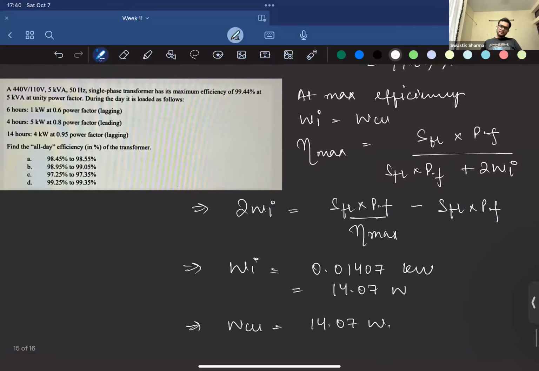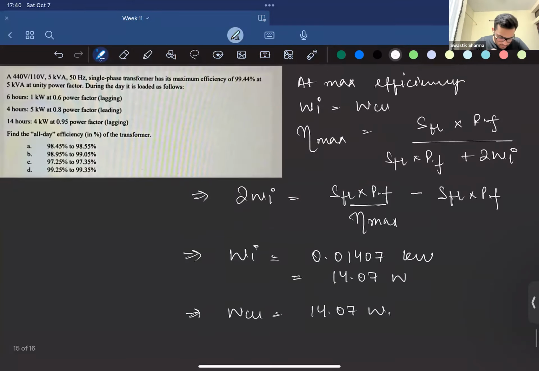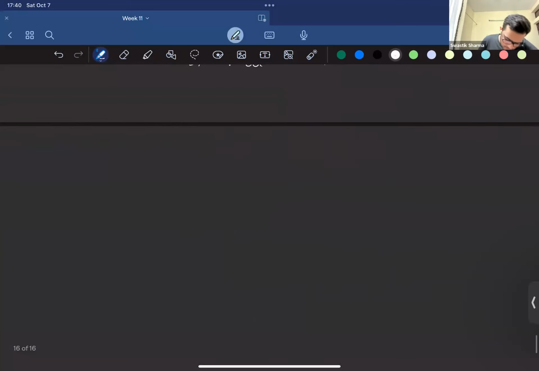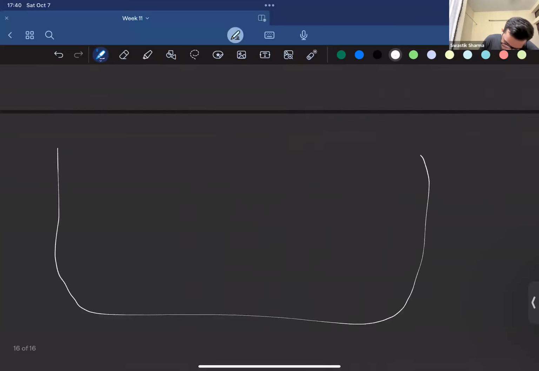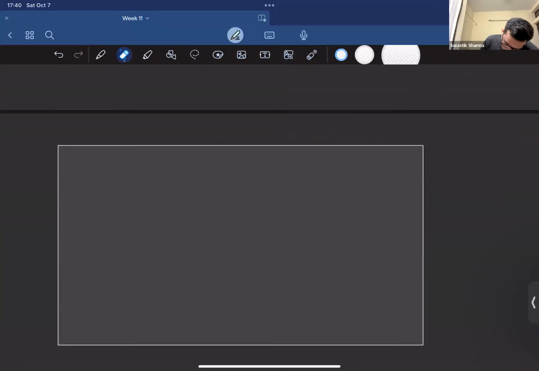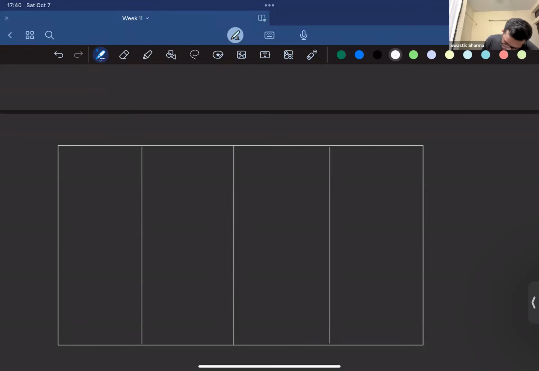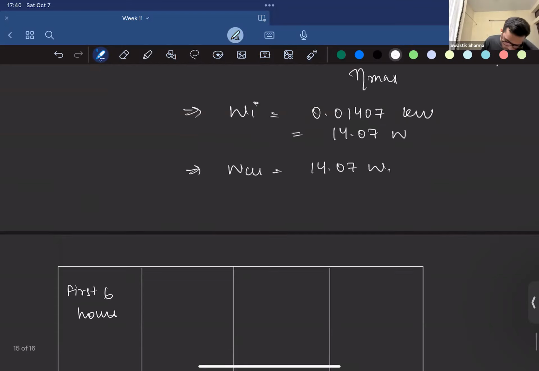Now we know iron losses will stay the same for the exact 24 hours, while the copper loss will change depending upon the loading that's being given to it, right? So how do we do it? Let's create a table. So for the first 6 hours, what's happening?